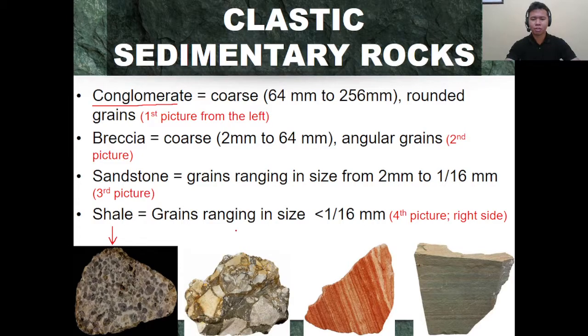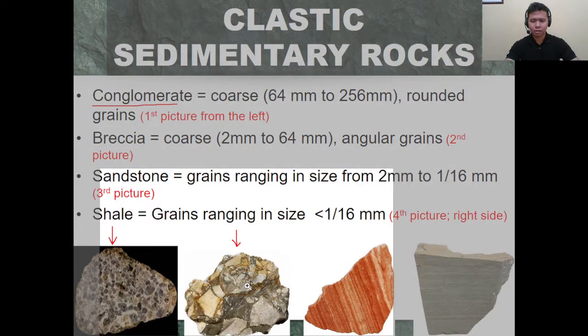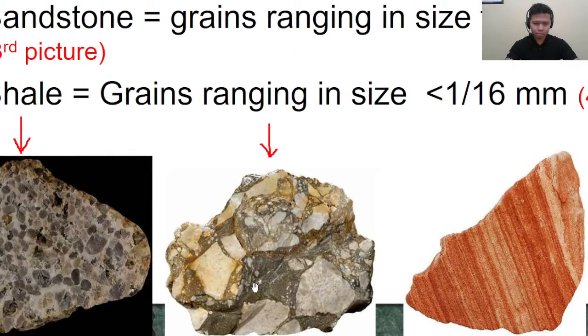We have the breccia. Okay, so for breccia, they contain angular shaped sediments wherein they have their prominent edges that are mixed together with the other sediments.